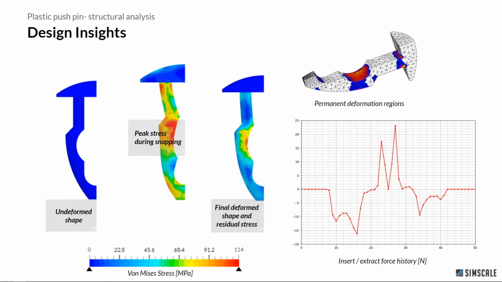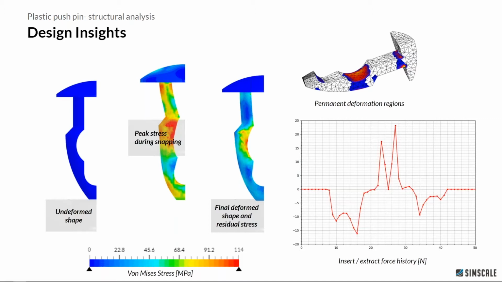So we've looked at deformed shape, we've looked at the stresses both during the simulation and those stresses that are left over after the operation. So those are the residual stresses caused by that permanent plastic deformation. And then we've extracted, during the simulation, the forces required to cause the insertion extraction operation. So that's what we're looking at.